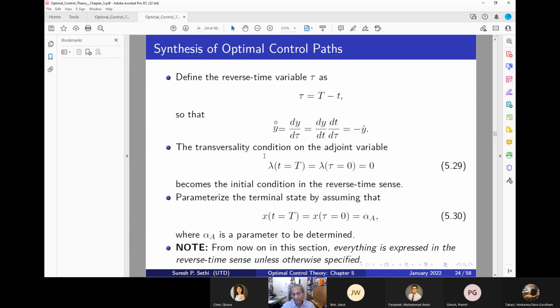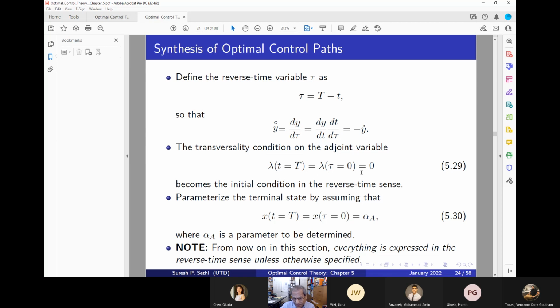When we do that, x is already there. Lambda is changed to some value so that the ending value will be lambda equal to 0, and x is whatever it is, because we have no control over x in the sense that we do not have a particular fixed value of x. So whatever x happens to be at that time, we take that value and the two-point boundary value problem is solved.